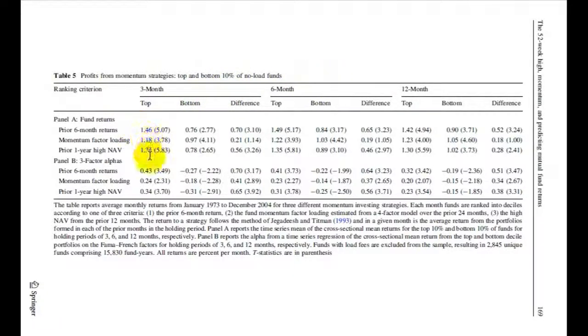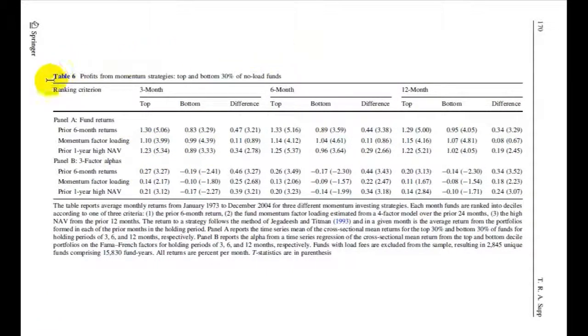And we see here that these returns for each of the strategies are still large and statistically significant, and pretty much in line with the overall mutual fund population that we saw in the first few tables of this paper.